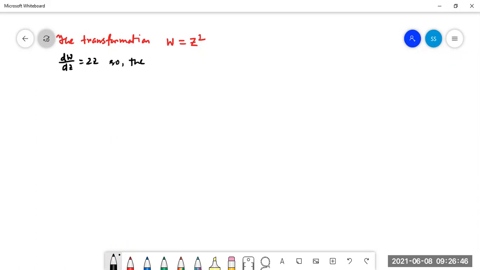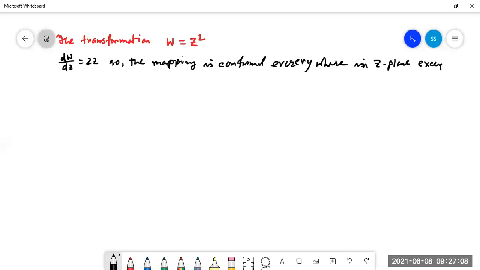So the mapping is conformal everywhere in the Z plane except Z equal to 0.